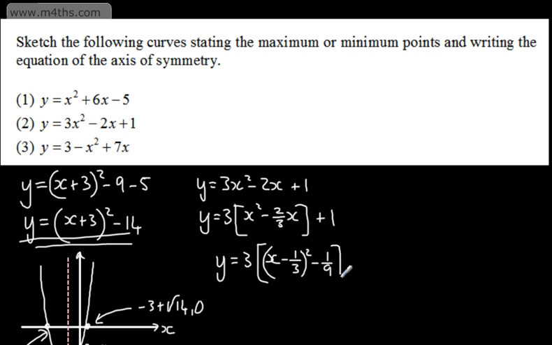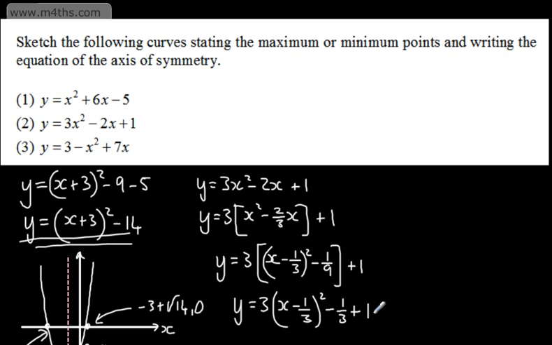We are then going to add the 1 back. So I've taken half the coefficient, I've squared it. I'm now going to multiply it back through by the 3. That's going to give me 3 lots of x minus 1/3 all squared. Then 3 times negative 1/9 is going to be negative 1/3, and I'm going to add the 1 back.